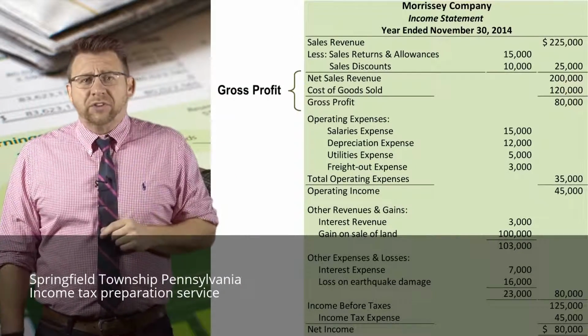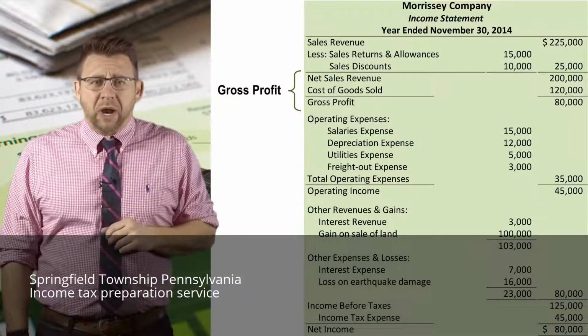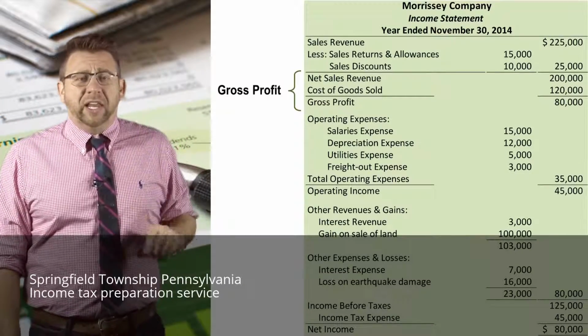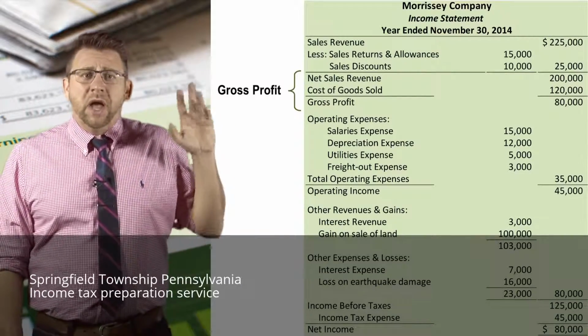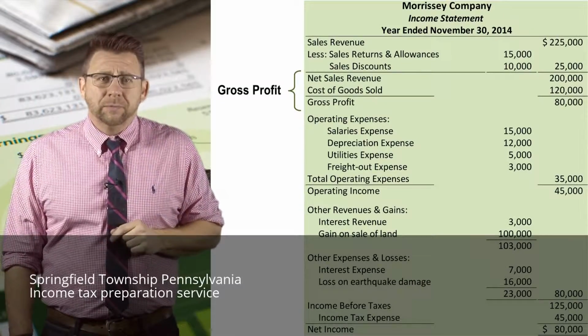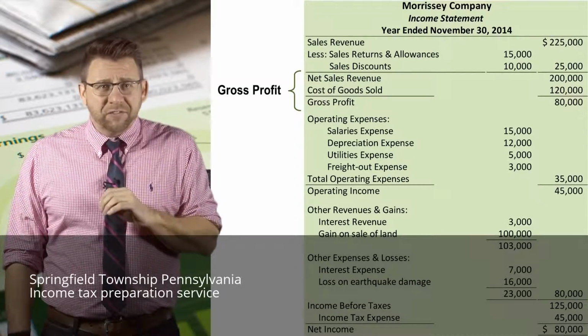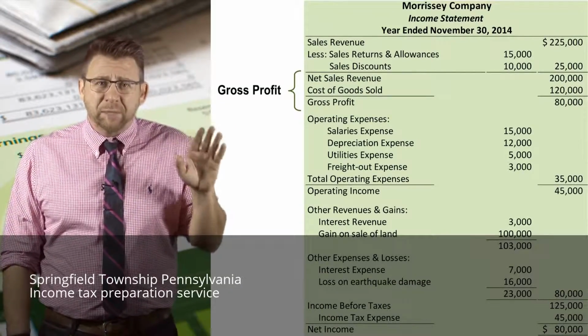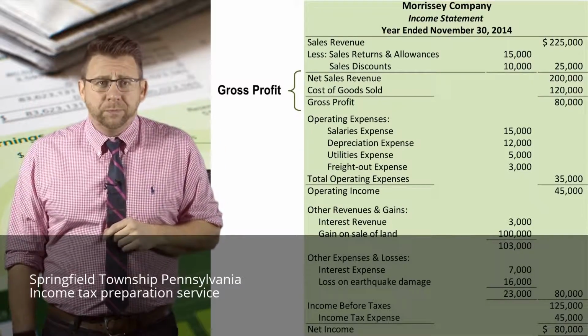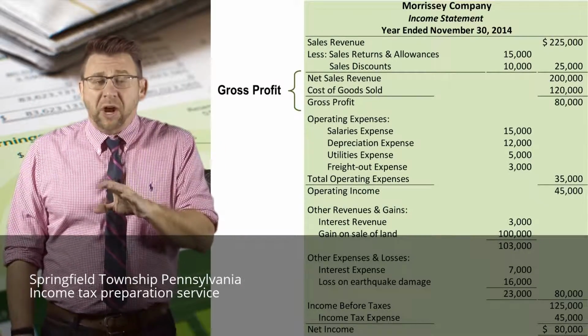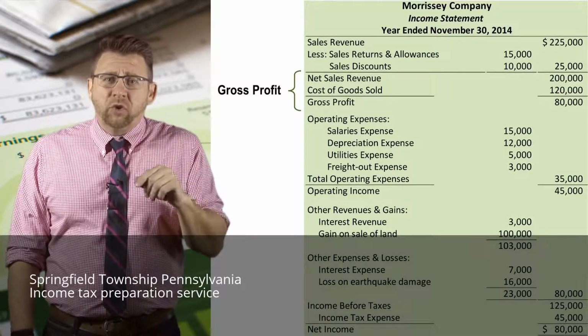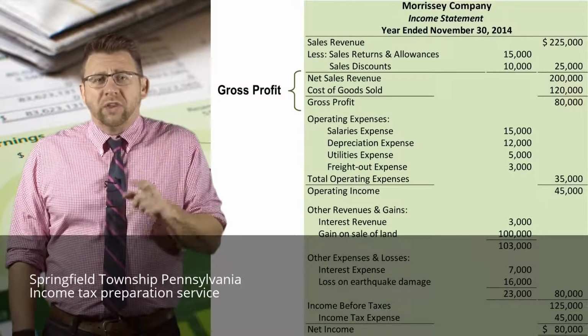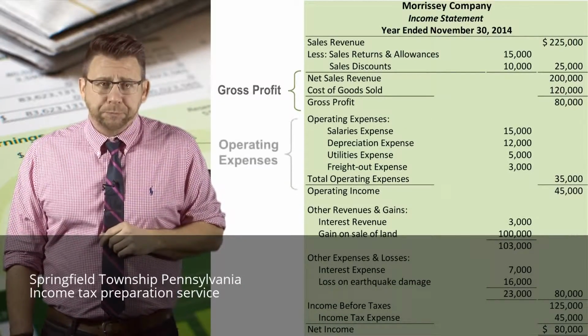The next important subtotal is gross profit. This is calculated by taking net sales revenue minus costs of goods sold. At this point, costs of goods sold is the only expense deducted in this section. You recall that gross profit is the amount that inventory was sold for more than the cost of inventory.